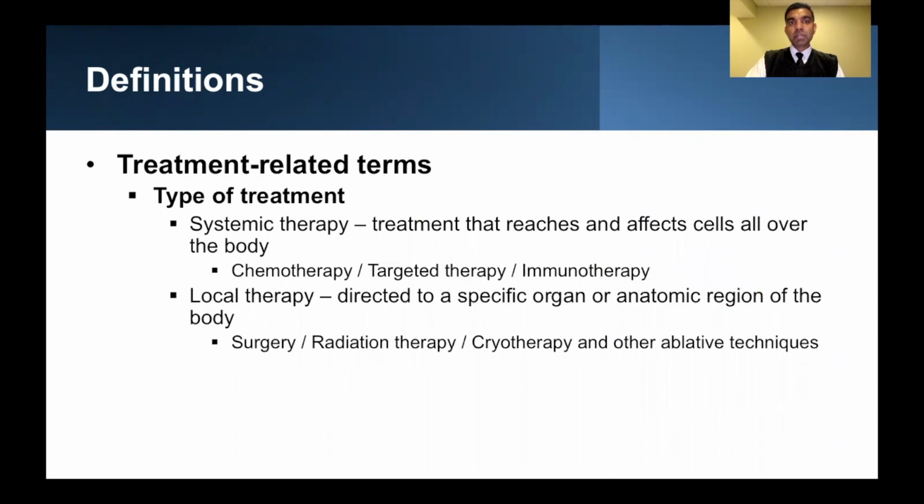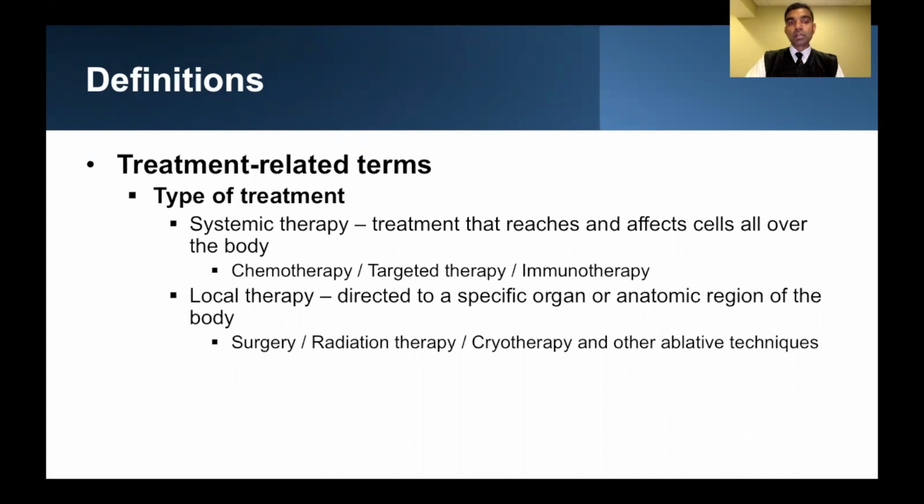Now, in terms of treatment-related terms, you could talk about the type of treatment, which includes systemic therapy, a term that is used to define treatment that reaches all over the body, affects all the cells, and classically was used to define chemotherapy, but nowadays targeted therapy and immunotherapy can also be defined as systemic therapies.